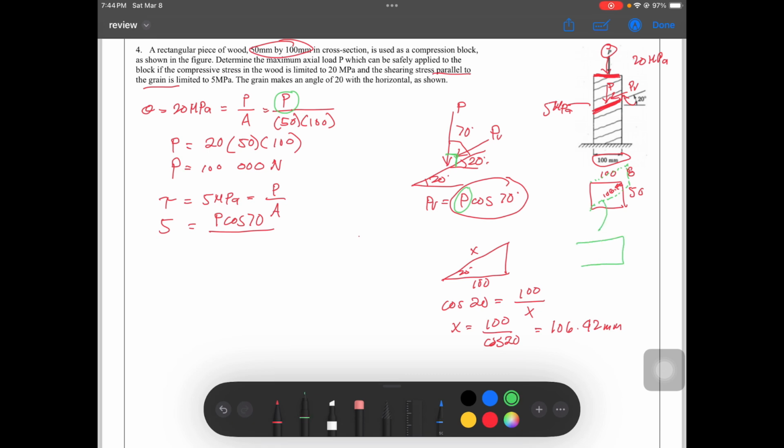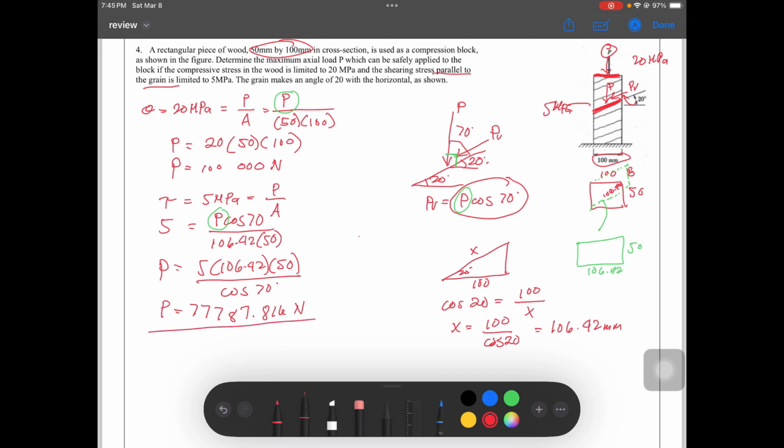Ito na siya. 106.42 by 50. So, 106.42 times 50. So, let's isolate P. P will be 5 times 106.42 times 50 divided by cosine 70. Our P is equal to 7787.816 m.